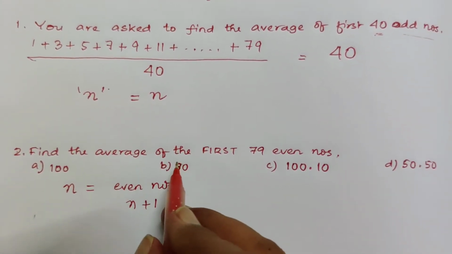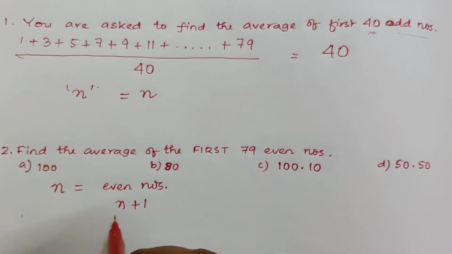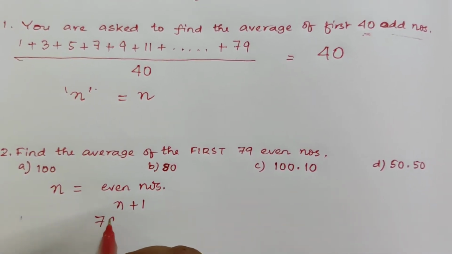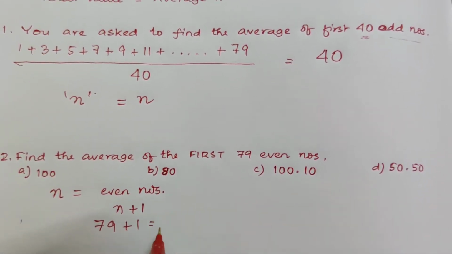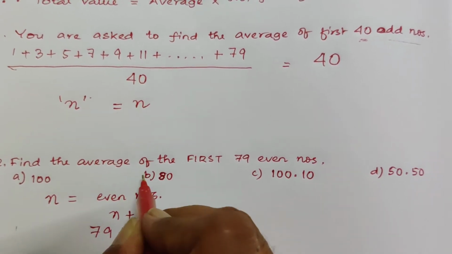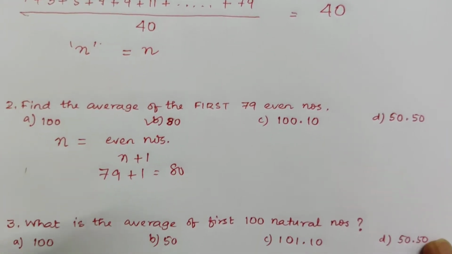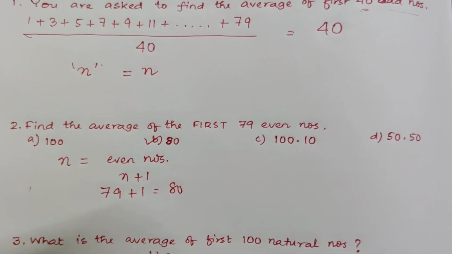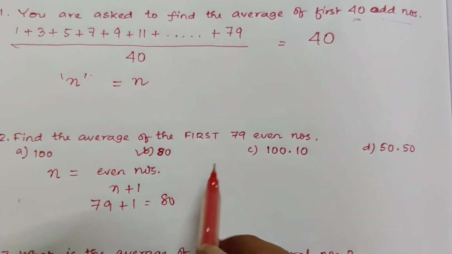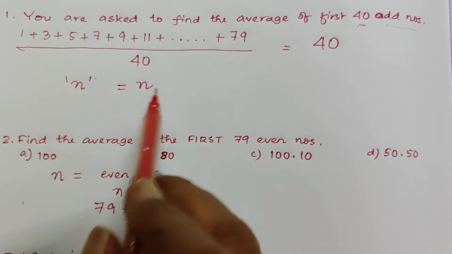Now here it is given, find the average of the first 79 even numbers. 79 is n, so 79 plus 1 is 80. Our answer will be 80. For even numbers, we have to add 1. For odd numbers, we take just the number.